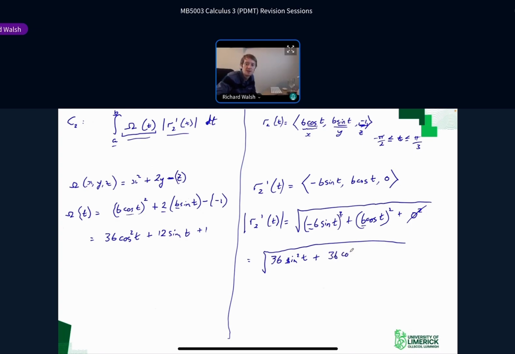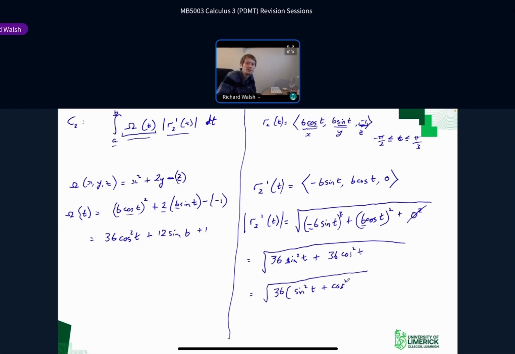Cos of t to be squared is cos squared of t. Now, we have a common factor there of 36 that I can take out. I'll be left with sine squared of t plus cos squared of t. And there's an identity in the tables for that.